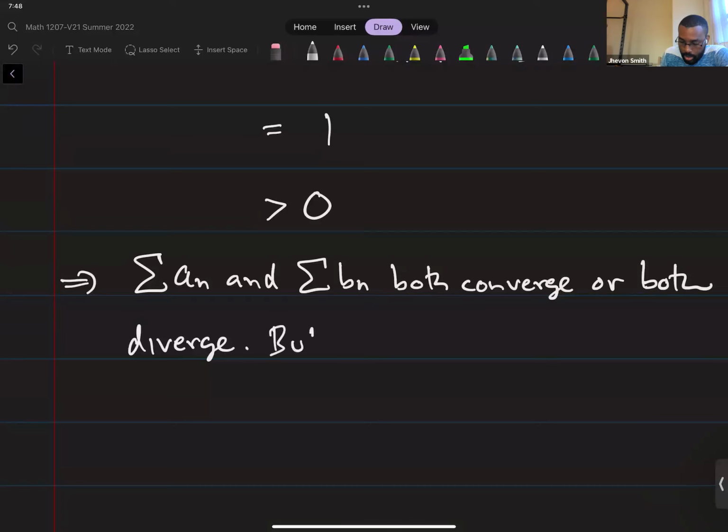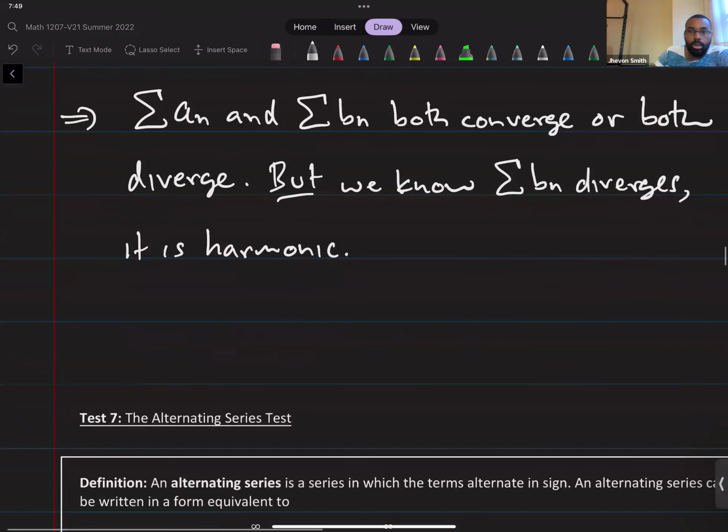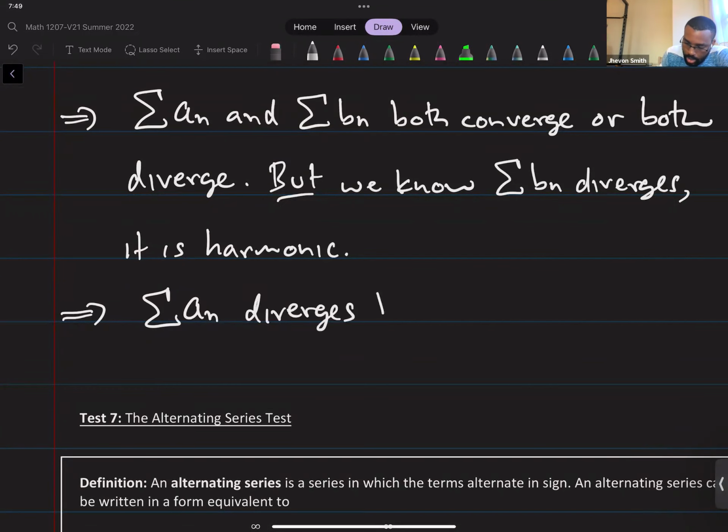But we know the series bn diverges. It is harmonic. And so then we can actually make a conclusion here. The series an, the original series, diverges by limit comparison test.